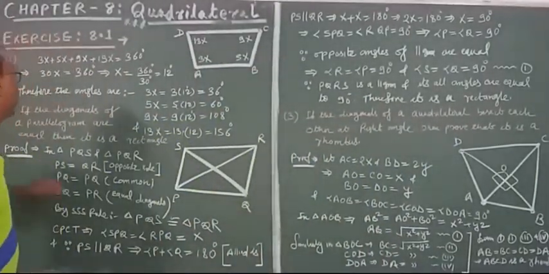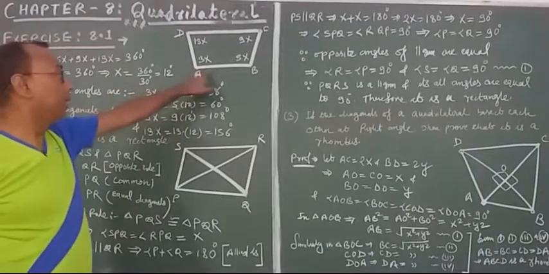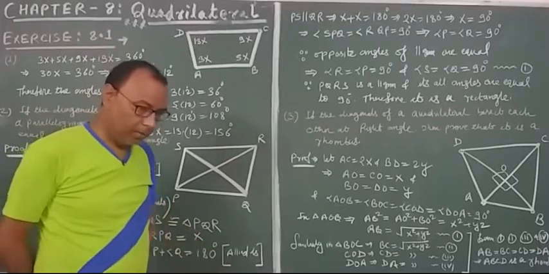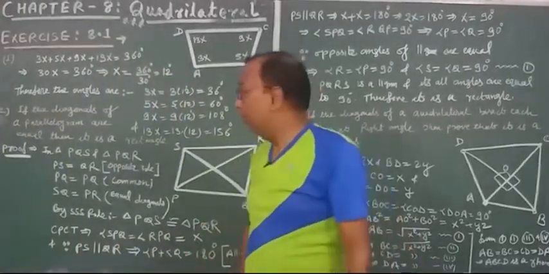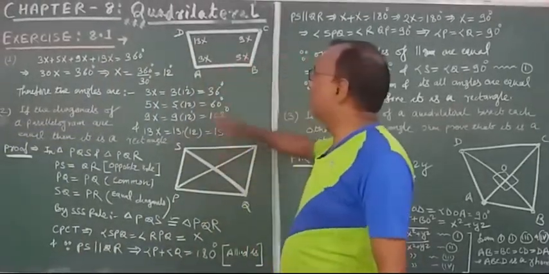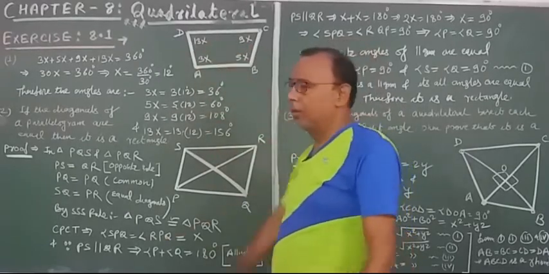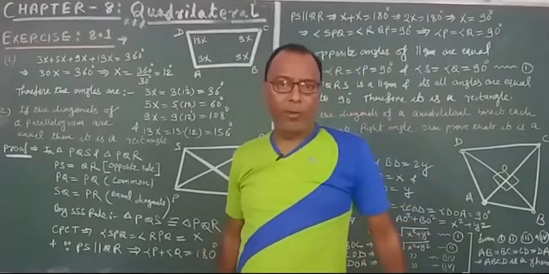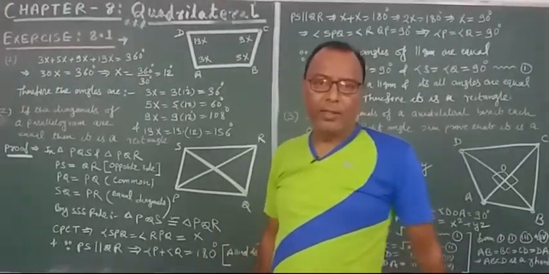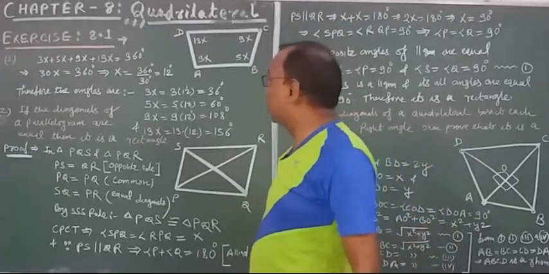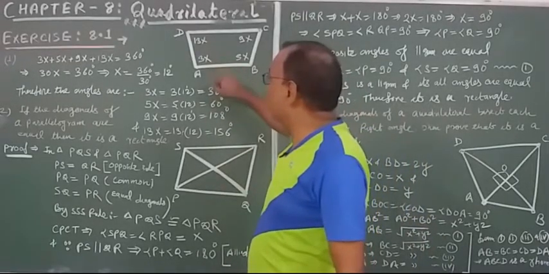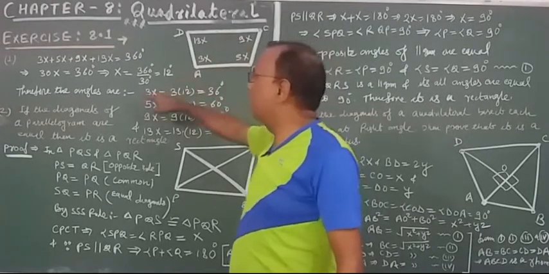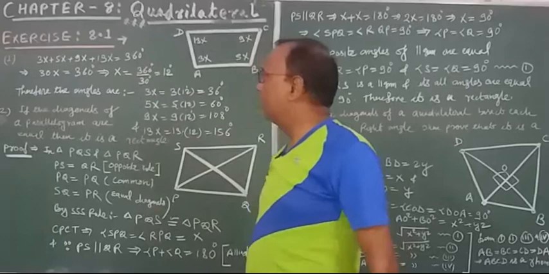So let the angles be 3x, 5x, 9x and 13x. Since the sum of all the four interior angles of a quadrilateral is 360 degrees, therefore 3x plus 5x plus 9x plus 13x will be 360 degrees.